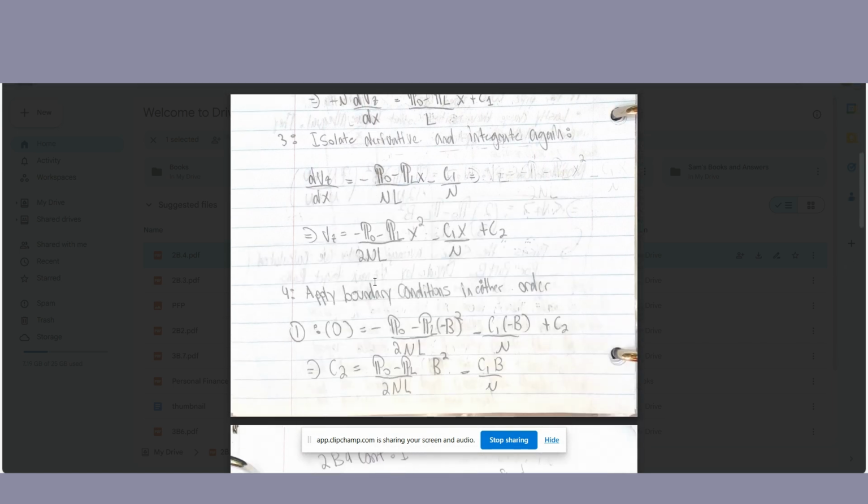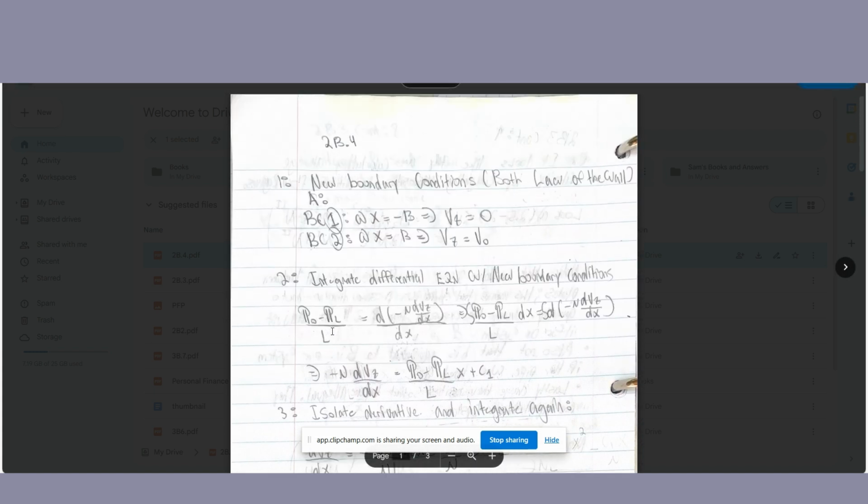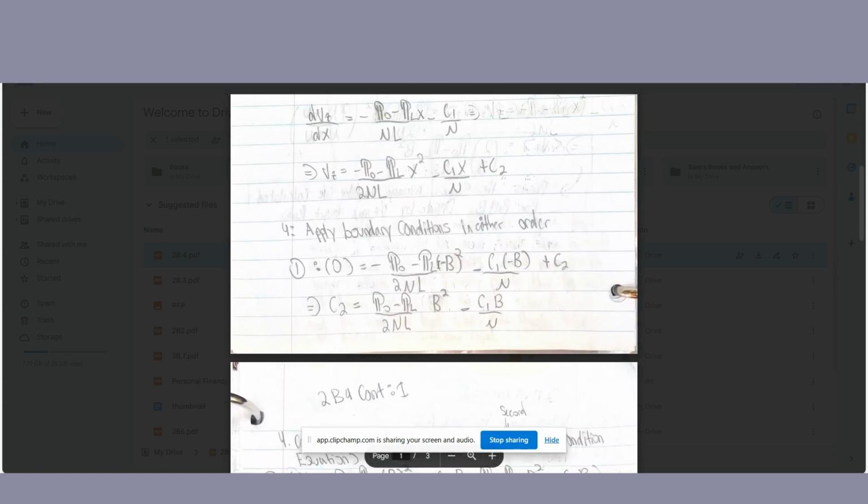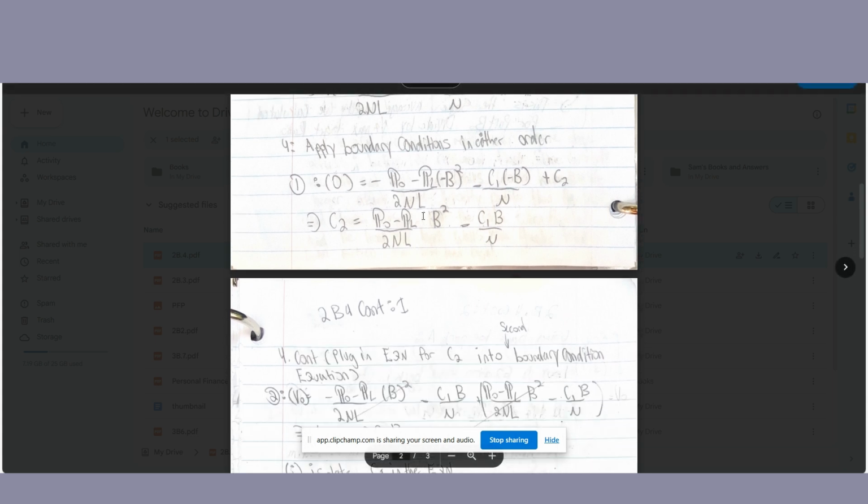At x equals negative b, vz equals 0, so it's negative b squared. It's going to be b squared, vz equals 0, negative b, and then we just isolate c2 to solve for c2. We get this, and we get that in terms of c1, so we can just plug that in.